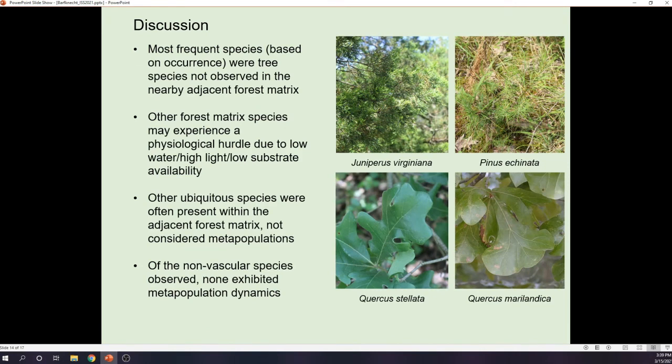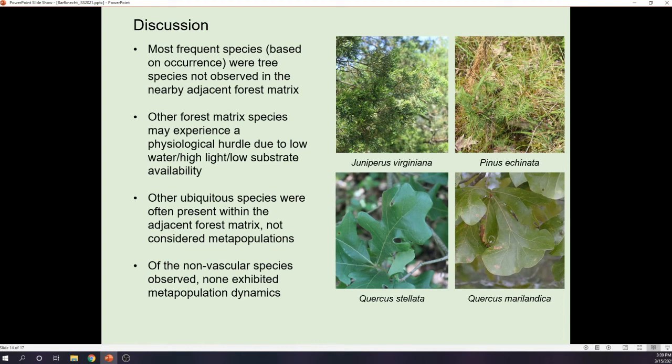So for a discussion here, the most frequent species that were actually observed, and this isn't necessarily within the matrix that was shown, the species-site interaction matrix, were actually tree species that were not directly observed in the adjacent hardwood forest matrix.